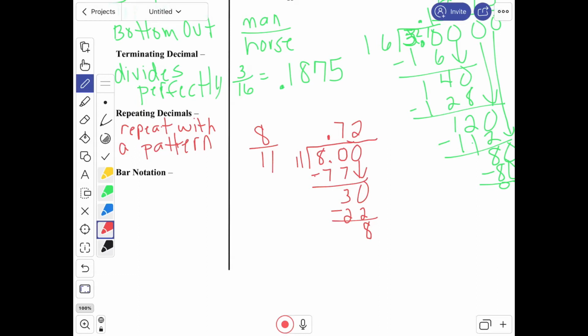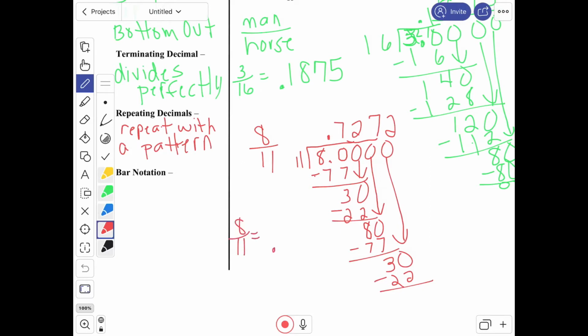Subtract, I get 8. Bring down a 0. 11 goes into 80 7 times. 7 times 11 is 77. I hope you're starting to see a pattern. And again, 11 goes into 30 2 times. So the part that's repeating is the 7 and the 2.